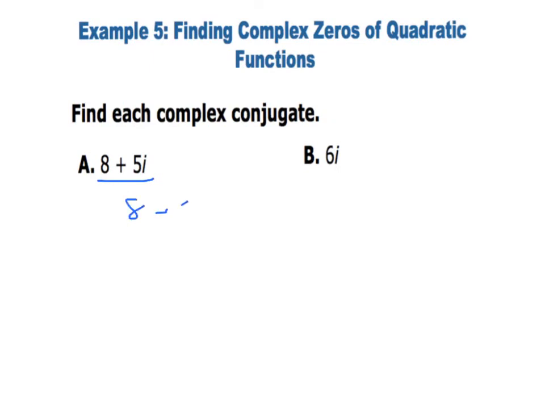Well, 8 minus 5i. Now here's another one, 6i. Remember that's the same as 0 plus 6i. So what's the complex conjugate of 0 plus 6i? It'd be 0 minus 6i, which means the complex conjugate is simply negative 6i.